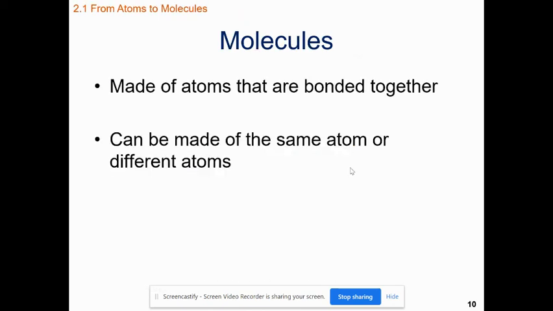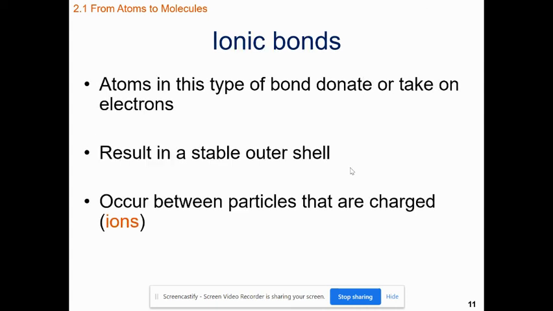Molecules are made up of atoms that have been bonded together. They can be either made of the same atom or lots of different atoms. If we bond them together in a way that we steal electrons, this is called an ionic bond. It typically will cause one atom to become charged negatively and one positively, and then that is what bonds those two together.